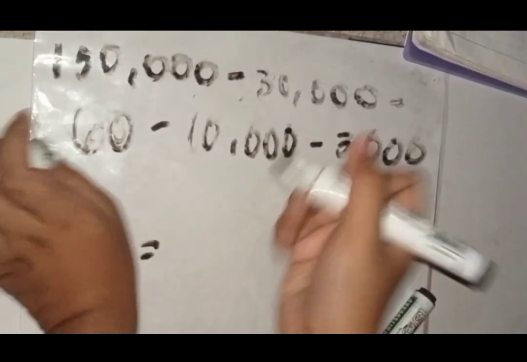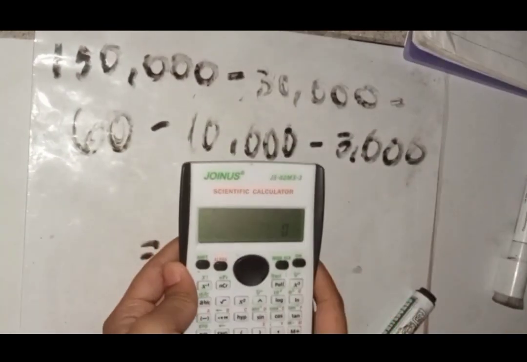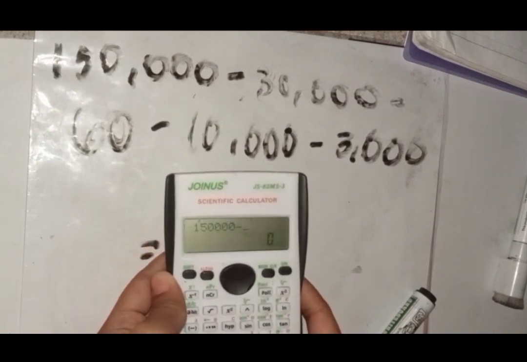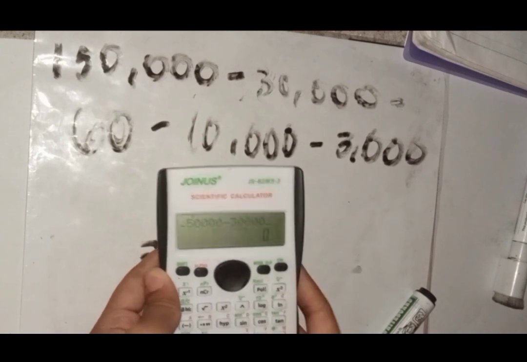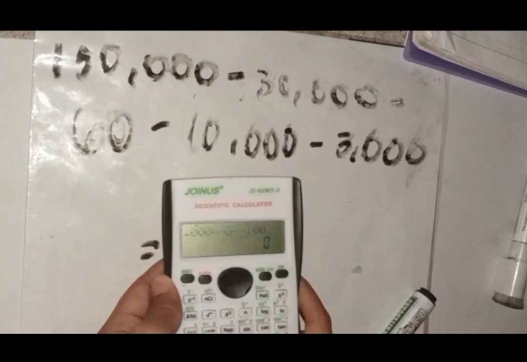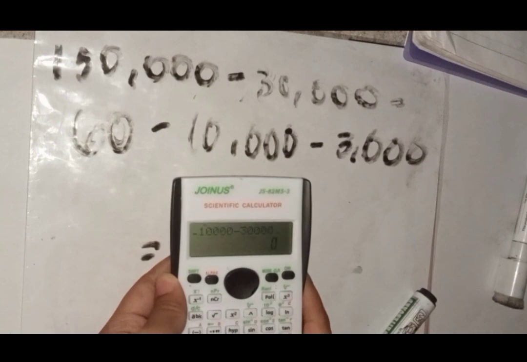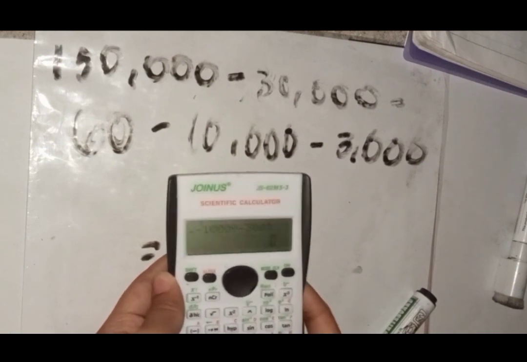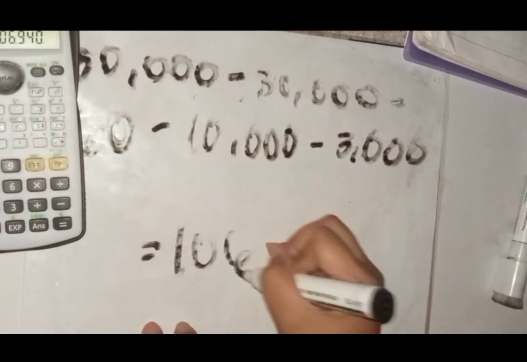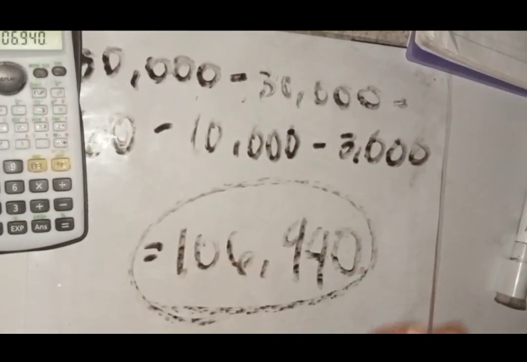When we subtract all of those, that gives us our net profit. So, 150,000 minus 30,000 minus 60 minus 10,000 minus 3,000. Our net profit is 106,940.